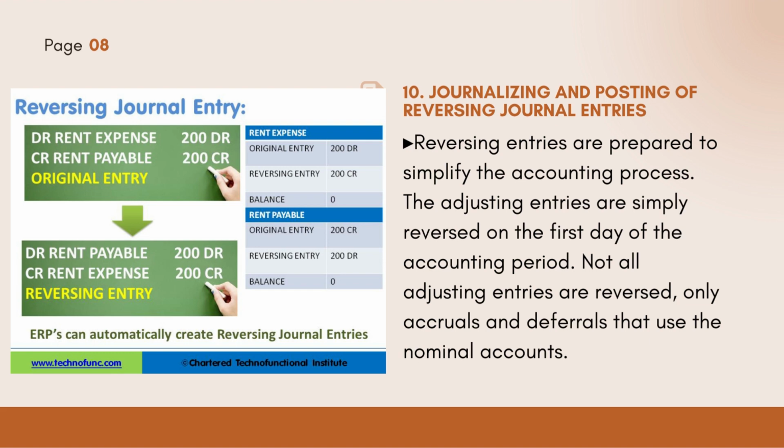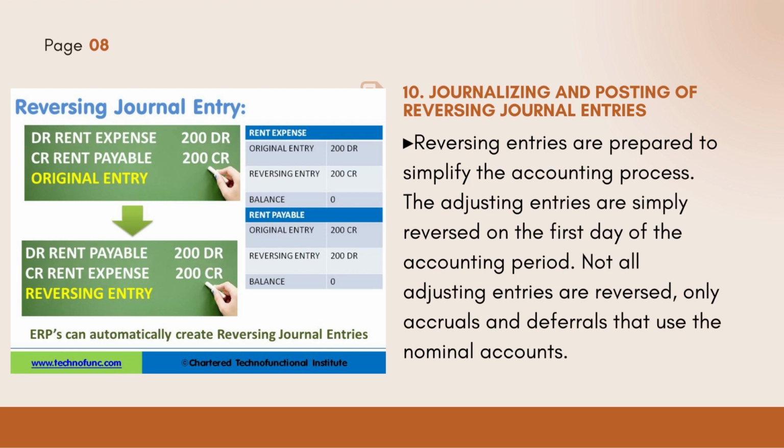Second is journalizing reversing entries. Once the need for reversing entries is identified, accountants record them in the general journal. Reversing entries are the exact opposites of the adjusting entries made in the previous period. That means if an adjusting entry was recorded with a debit, the reversing entry will be recorded with a credit and vice versa.